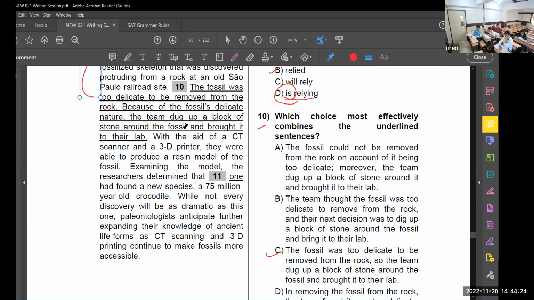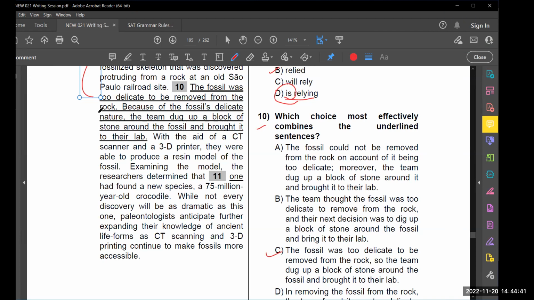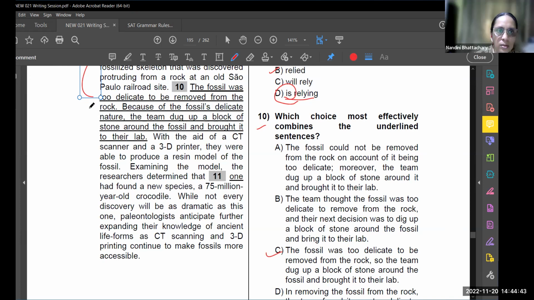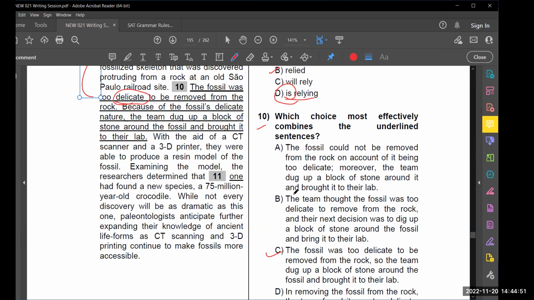We have these two sentences. The fossil was too delicate to be removed from the rock. That is the focus, or the team dug up a block of stone around the fossil and brought it to the lab. Which is the focus point? I think the fossil was too delicate to be removed from the rock. So this is the fossil point. That is, it was too delicate, and because of that, the team members had to dig it up.